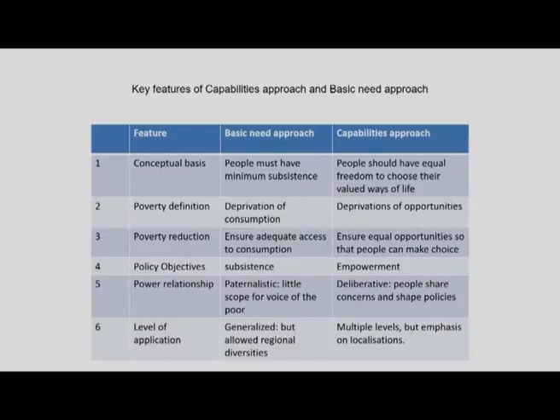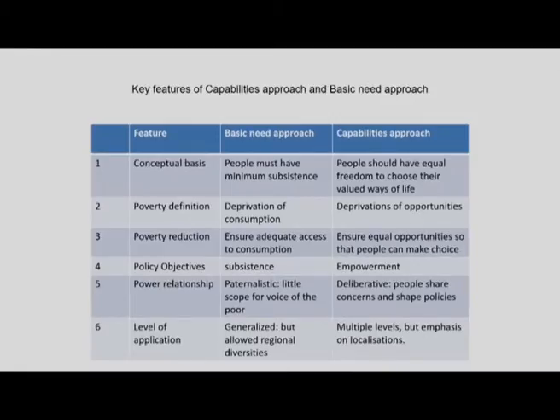So, in the example of the girl child facing a social constraint of not being able to go to school, the principle on which the BNA is based will not be able to deal with the problem she faces. However, the capabilities approach should be able to deal with the situation as it is trying to challenge the social arrangements within which the girl child is situated, and therefore is working towards providing equal freedom to choose their valued ways of life.